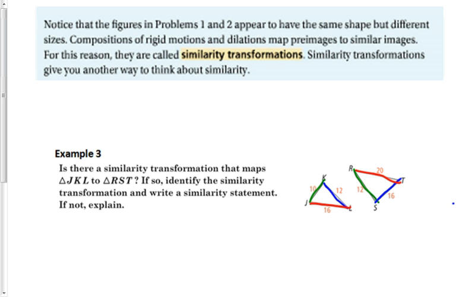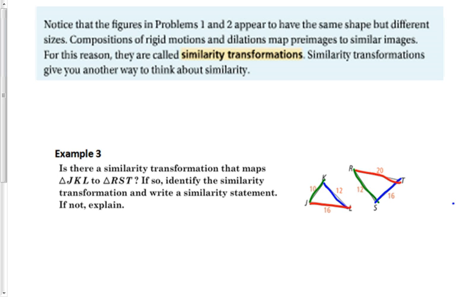But if you look at it, JK to RS, it got bigger. KL to ST, it also got bigger by a different amount. And then JL to RT, that also got bigger, but by the same amount as the other one.